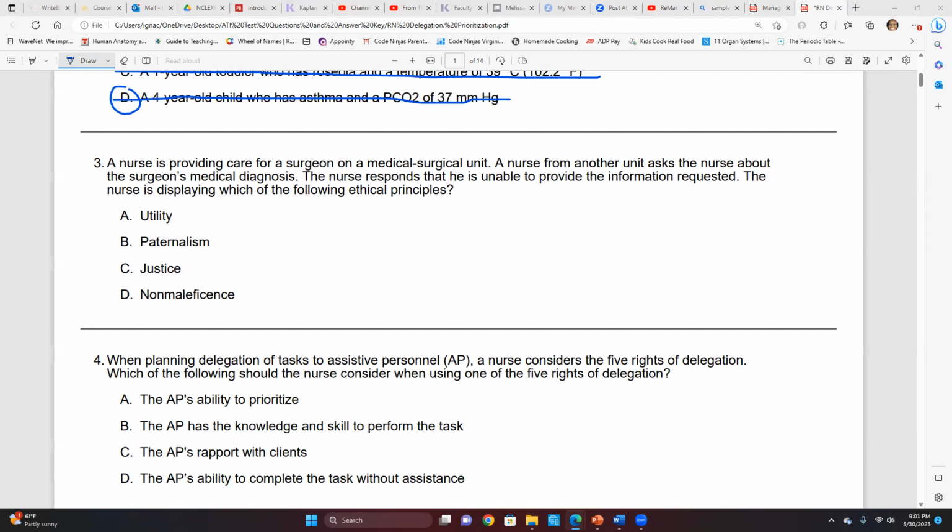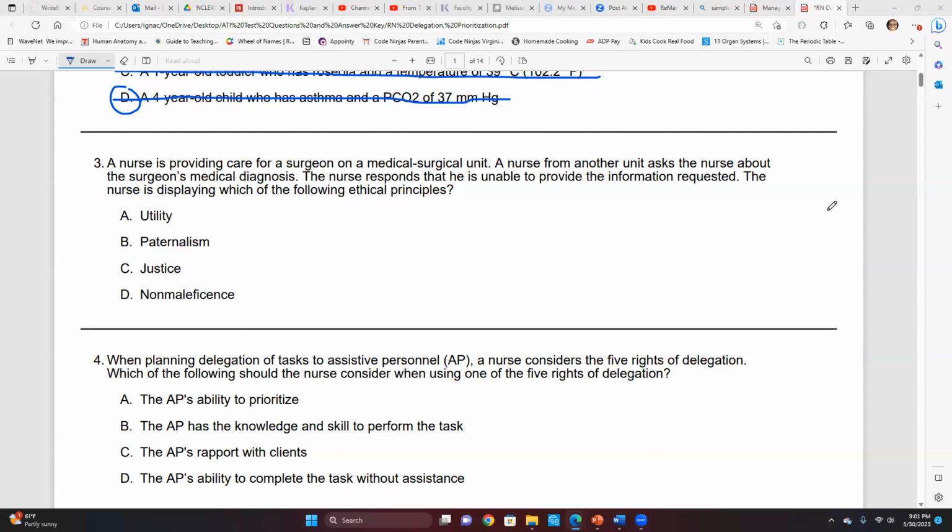Okay, yes, and that is correct. Non-malfeasance is right, doing no harm. That is our oath that we have taken. Now, utility is the ethical principle that doing good for many outweighs the good of one. Paternalism is a belief that one individual has the right to make decisions for another.